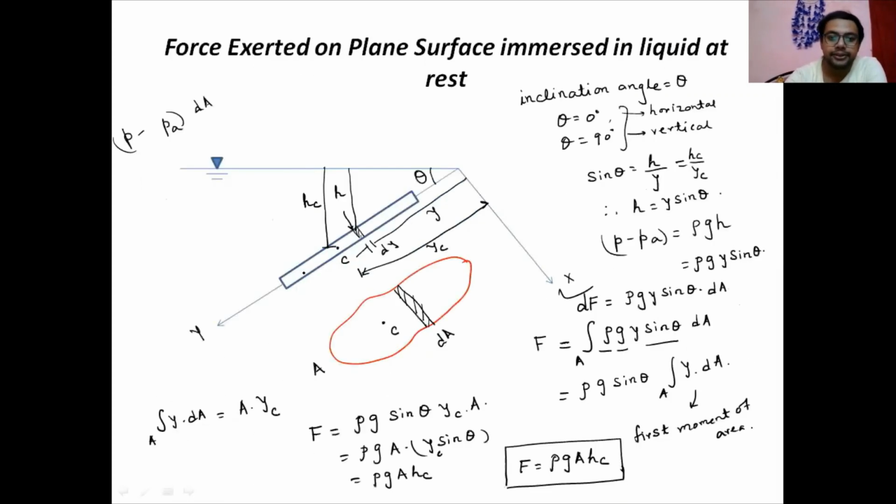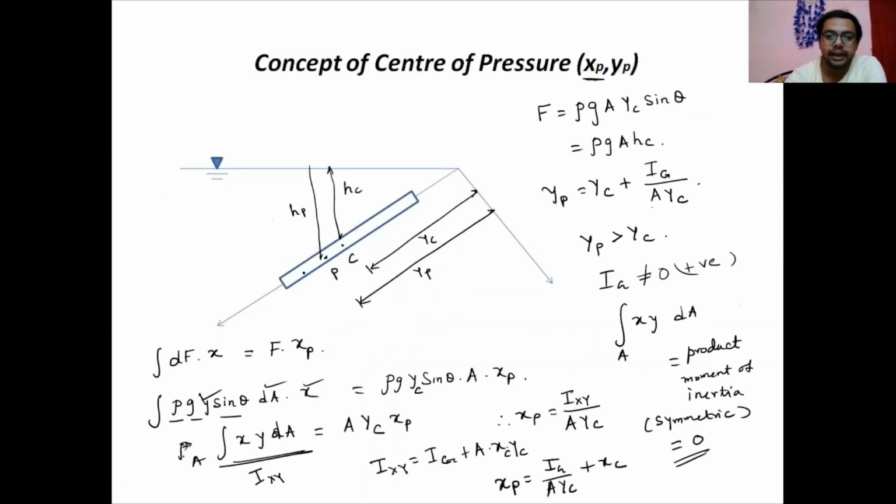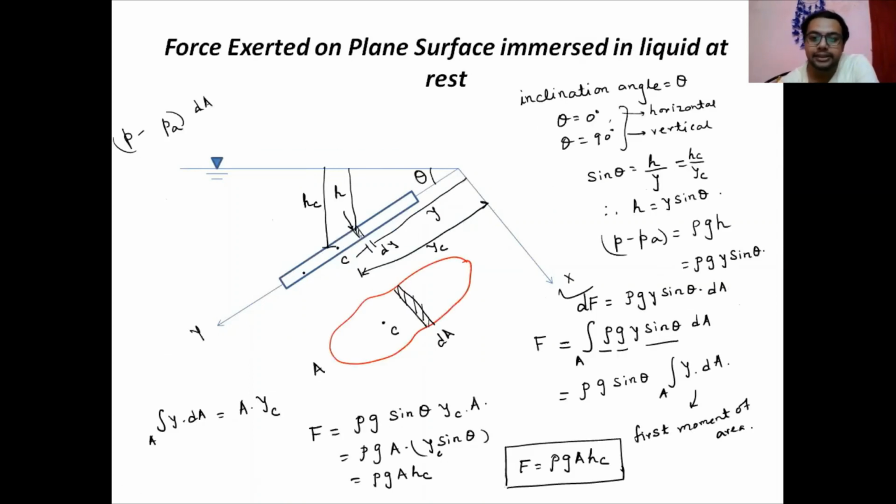In the previous case, if you see here, we are taking the parallel axis theorem. We are considering this axis and parallel to this axis, which is going through the centroid. This axis we were considering previously.